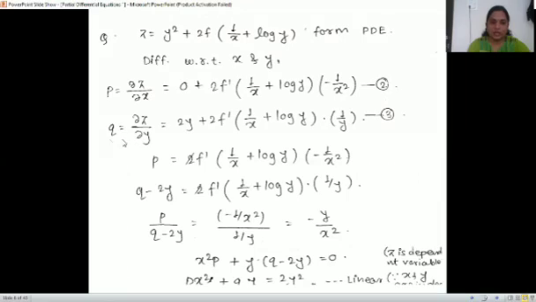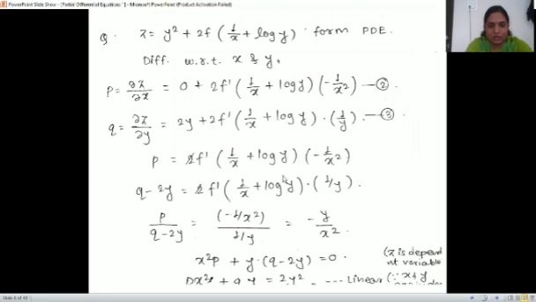And if we want to find q, so q is ∂z/∂y, which is equal to 2y, plus 2f dash into the derivative of this term with respect to y, that is 1 upon y, as this is constant and its derivative is 0. So solving this we get p is equal to, I'm writing this again, but we have here q minus 2y is equal to 2f dash into 1 upon y, right?